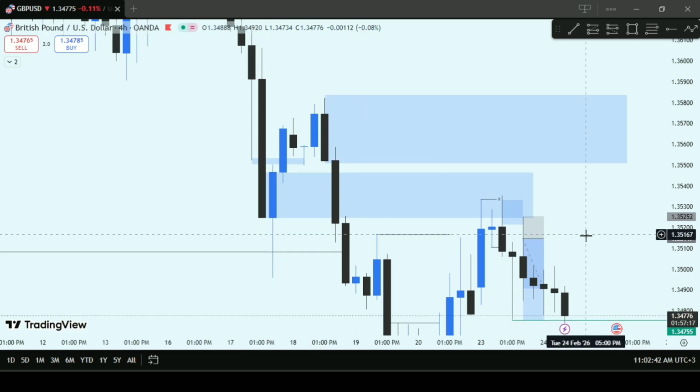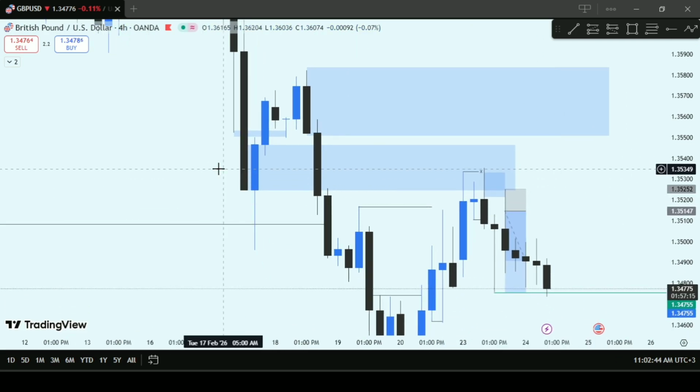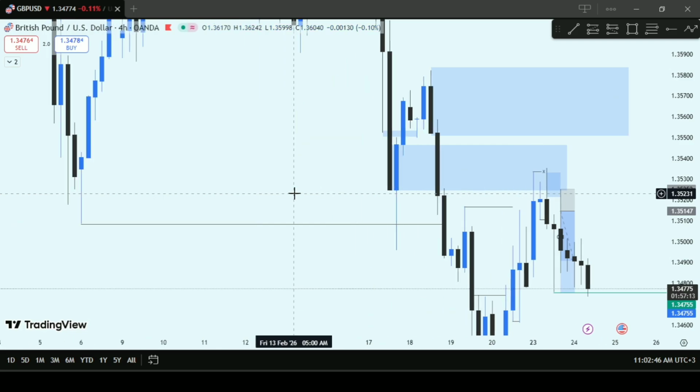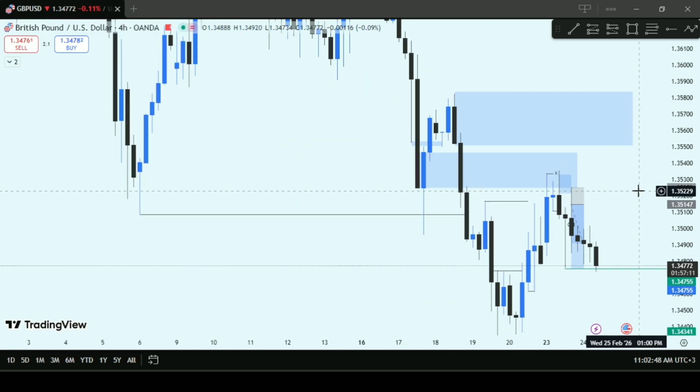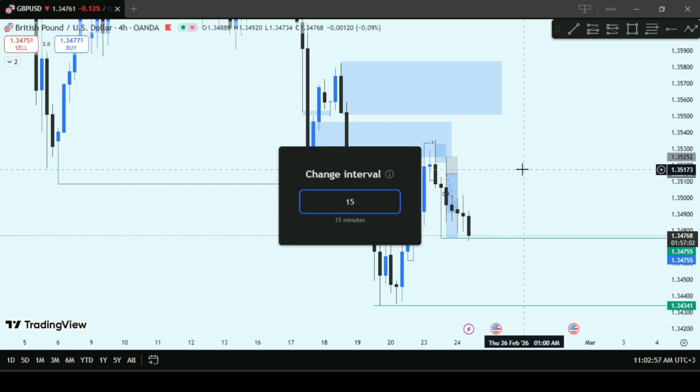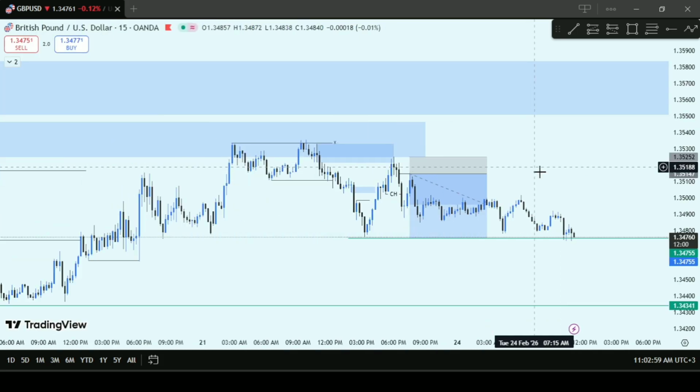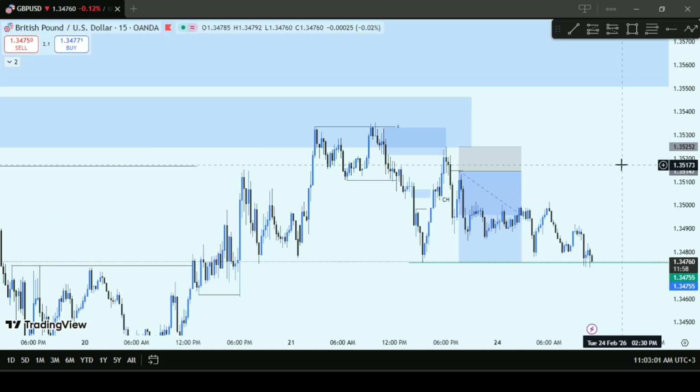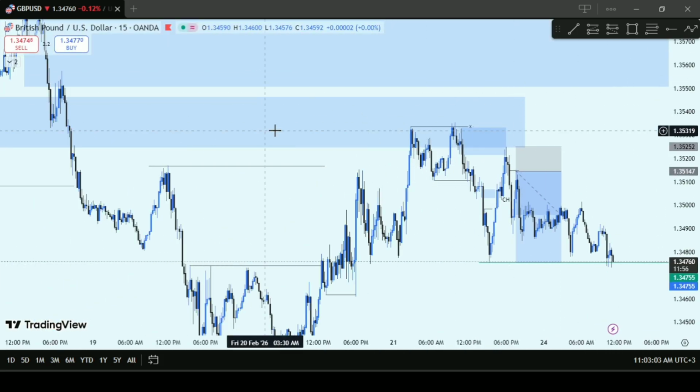So we don't just enter blindly on this type of POIs. We wait for the confirmation, and since this is a 4-hour, we scale down to 15 minutes. So in the 15 minutes, this is the 4-hour breaker block.